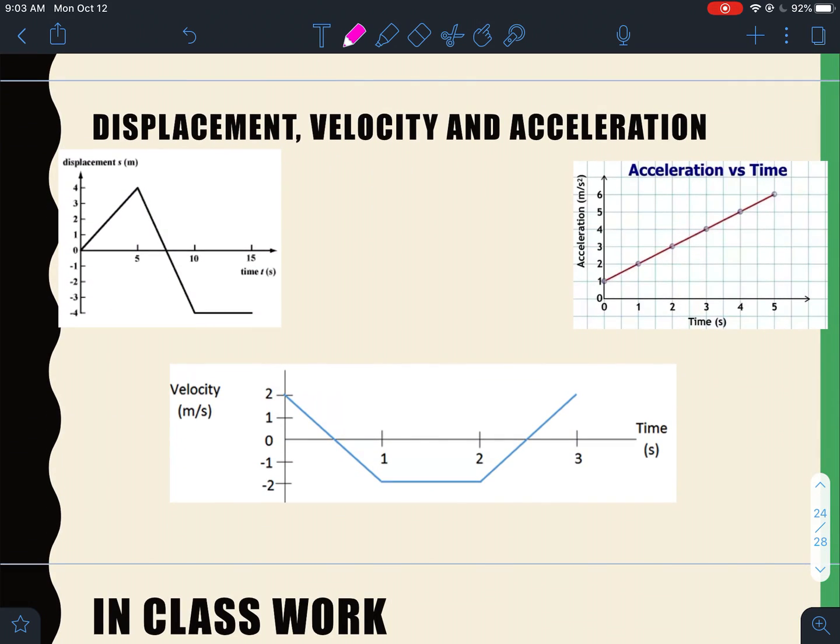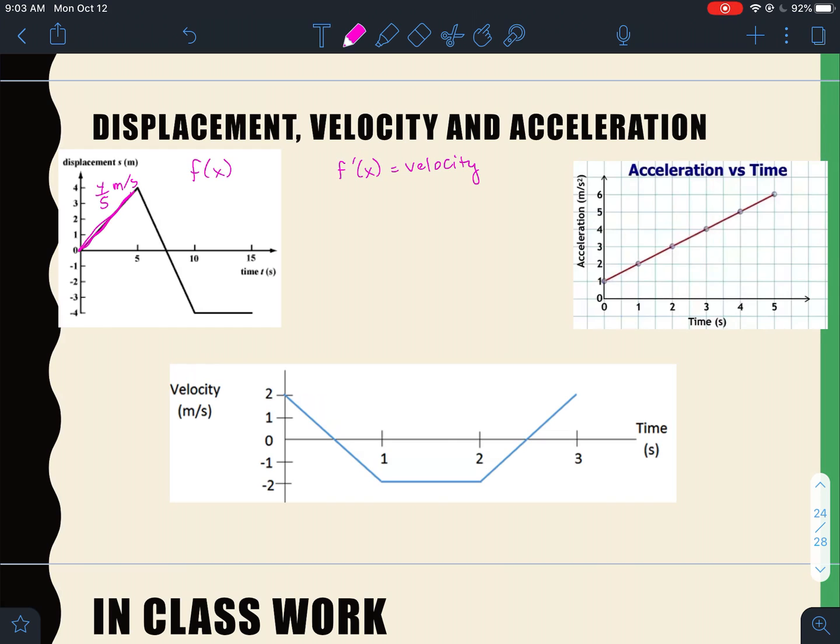All right, so displacement, velocity, and acceleration. If displacement is your original graph, f of x, and you take the derivative of displacement, you get velocity. So the slope of the displacement graph is how fast you're going, right? If I look at the slope of this line right here, I went 4 up and 5 over, so 4/5 meters per second is how fast I was going right there.